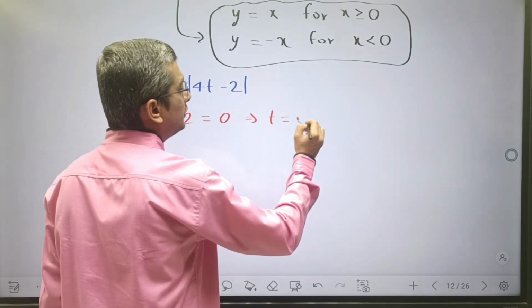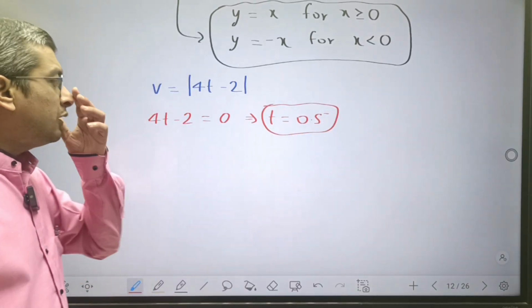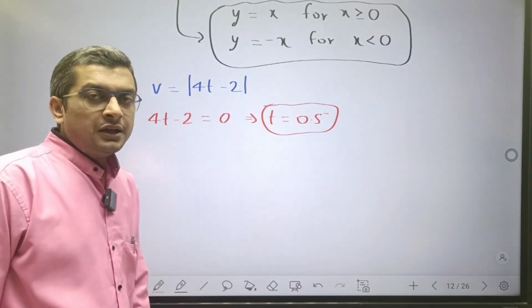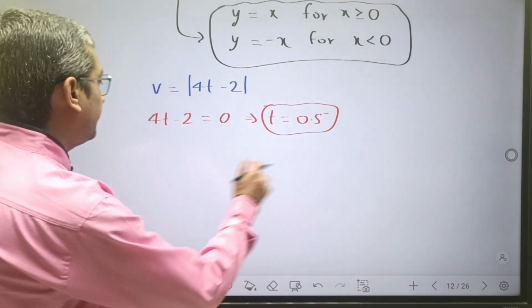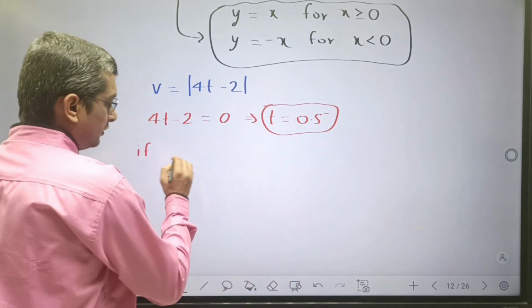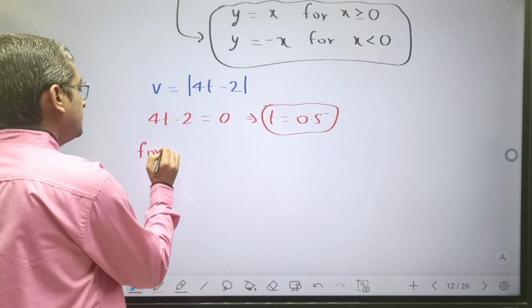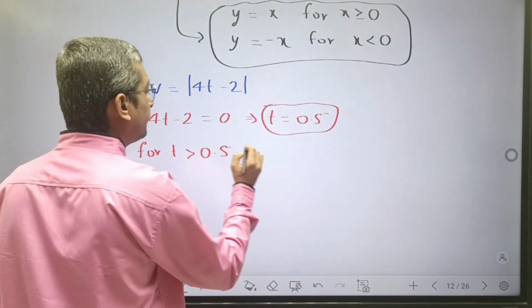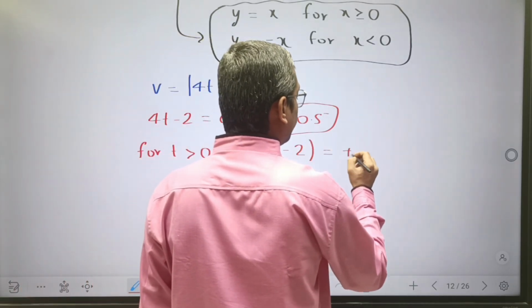From here we get t is equal to 0.5. Now it is very clear from this expression that if the value of t is less than 0.5, then this value is negative, and for t greater than 0.5, 4t minus 2 is positive.